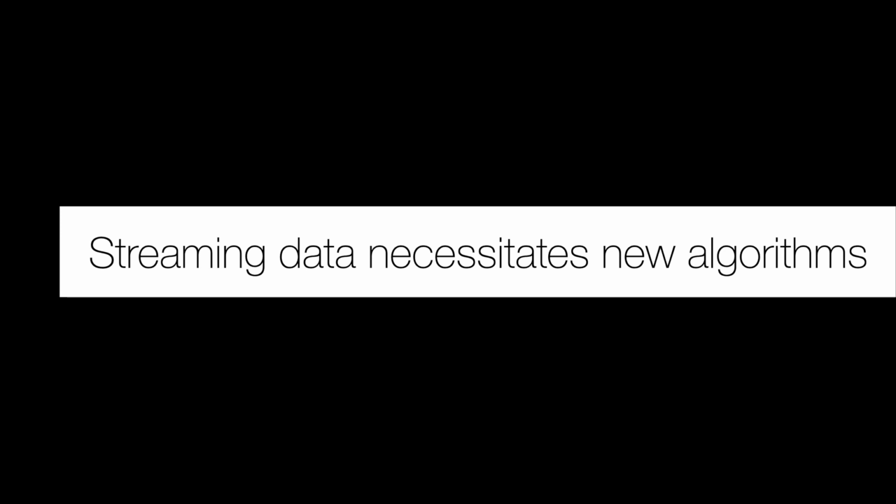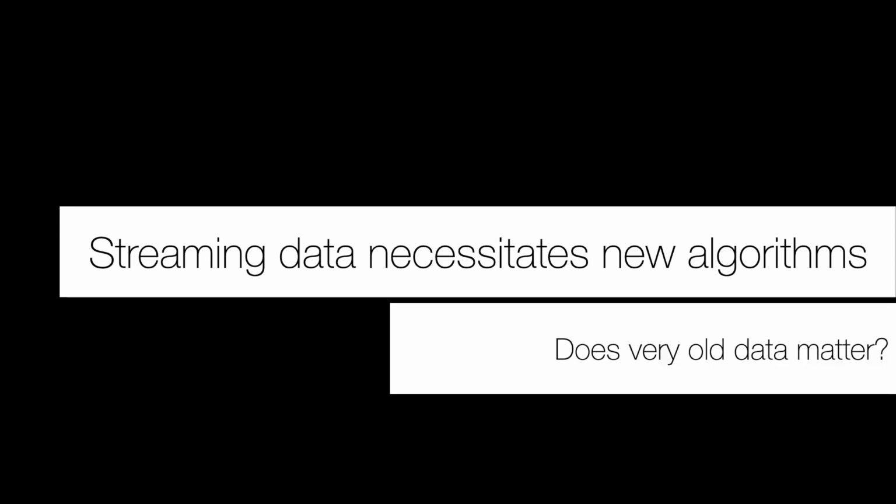So this is the context for streaming data, which necessitates new approaches to how we handle analytics. First, you have to answer the question: does old data matter? Depending on what the task is, if I'm streaming in new tweets about a particular event or new tweets related to earthquakes, does a tweet that I posted 12 years ago make any difference about this content?